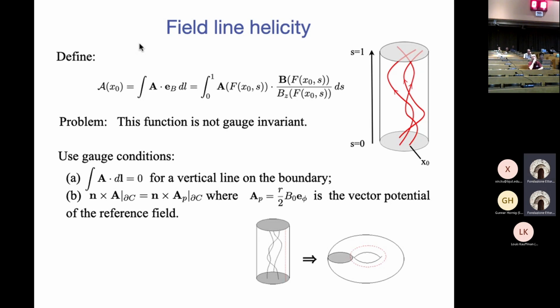So you use this condition here on a vertical line on the boundary, which is motivated by the fact that we don't want any magnetic flux outside the domain to be measured by our vector field. And the second condition here is one of consistency of the tangential component of the vector potential with the vector potential of our reference field, our guide field, which is called A_P here, P for the potential field.